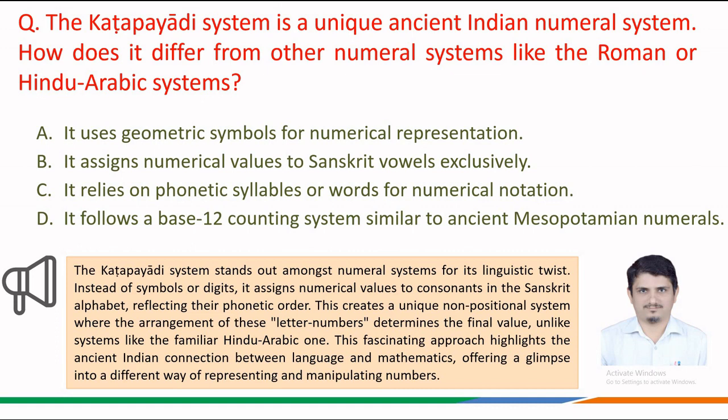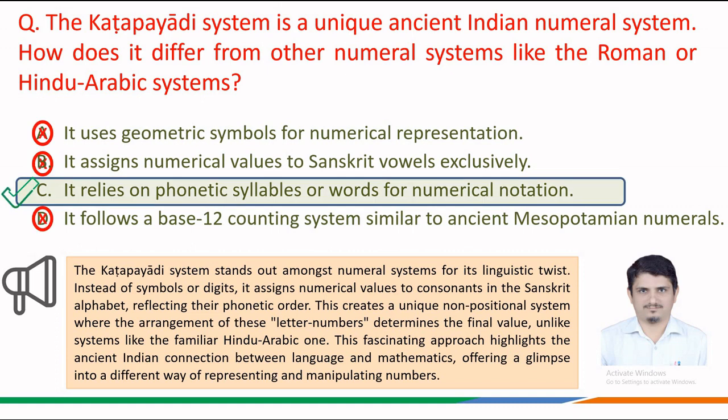This fascinating approach highlights the ancient Indian connection between language and mathematics, offering a glimpse into a different way of representing and manipulating numbers. Therefore, the correct answer of this question will be option C, it relies on phonetic syllables or words for numerical notation.